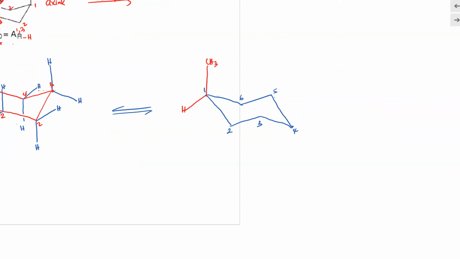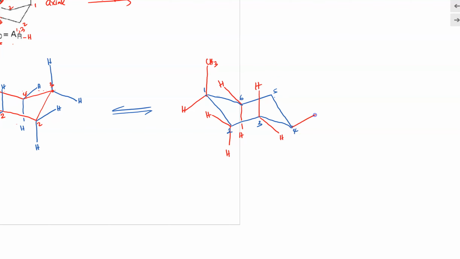And now let's put in the rest of the other groups. So for carbon 2, the hydrogen at the equator will be there, and the axial will be here. And for carbon 6, this would then be its equatorial, and this would then be its axial. And for carbon 3, this would then be its equatorial, and this would be its axial.